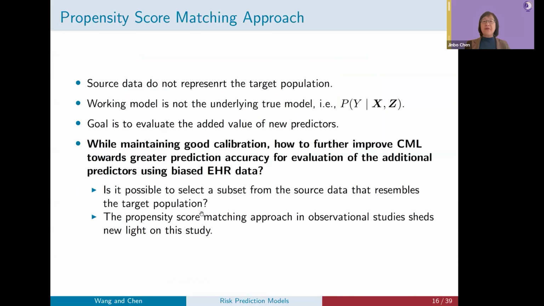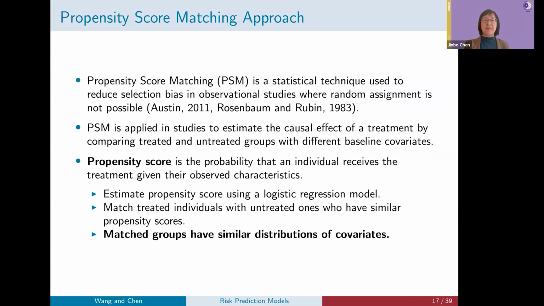So for this, we propose a propensity score approach for matching. Our question is: is it possible to select a subset from the source data that resembles the target population in terms of the joint distribution of all the predictors? So we just apply the standard propensity score matching from causal inference.